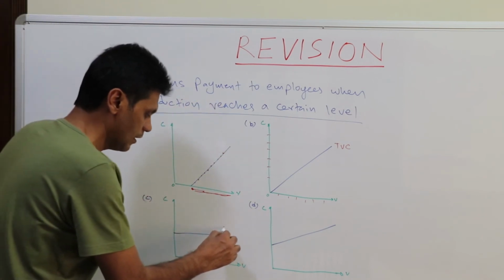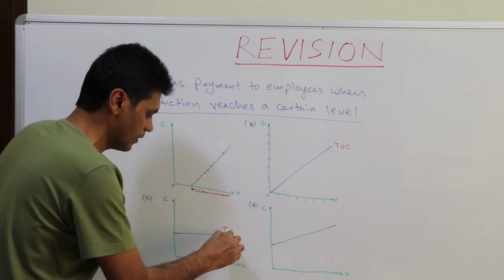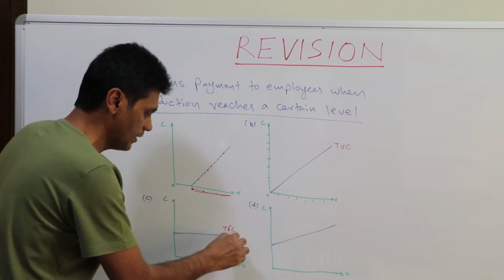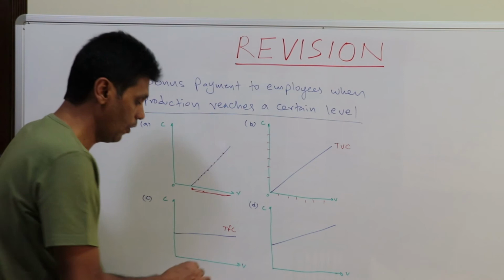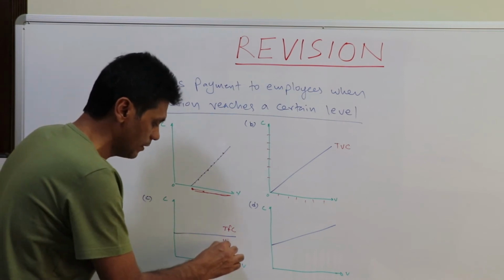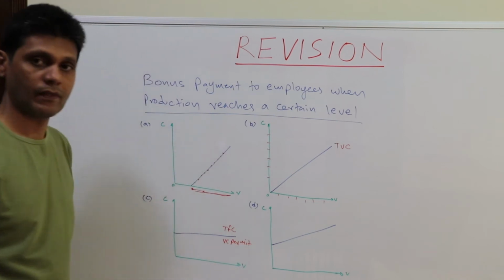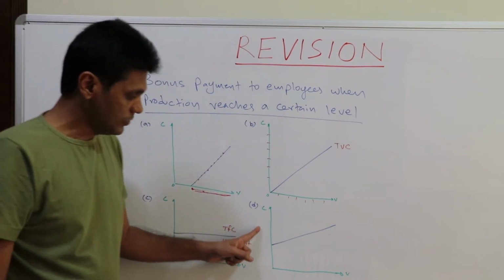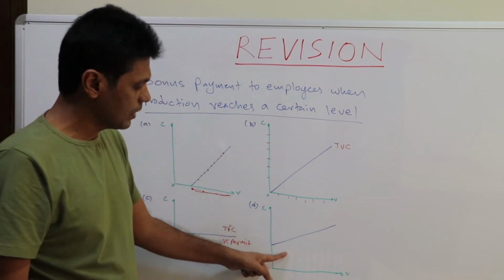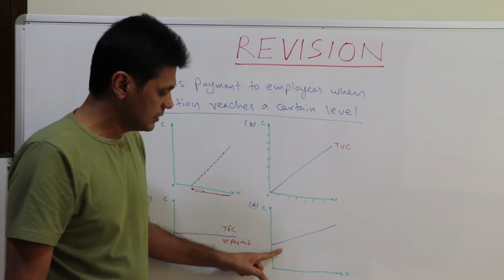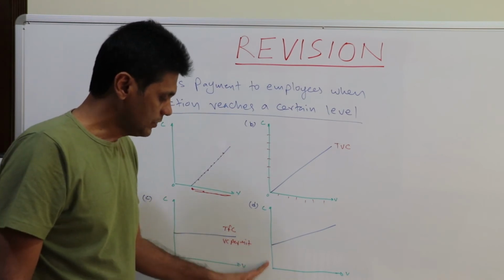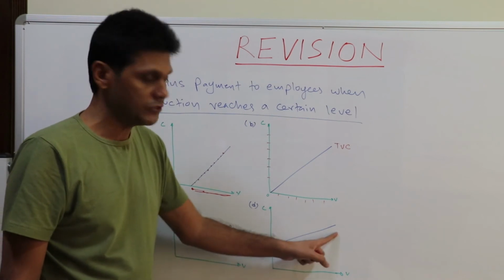So this graph is known as total fixed cost, or we can say variable cost per unit curve. Okay, the last one we already discussed. This consists of a fixed charge and a variable charge.